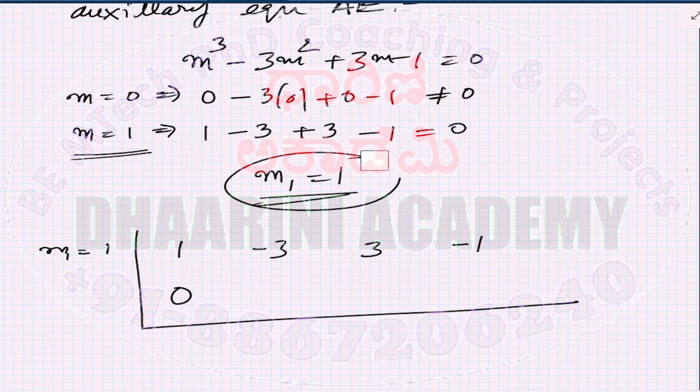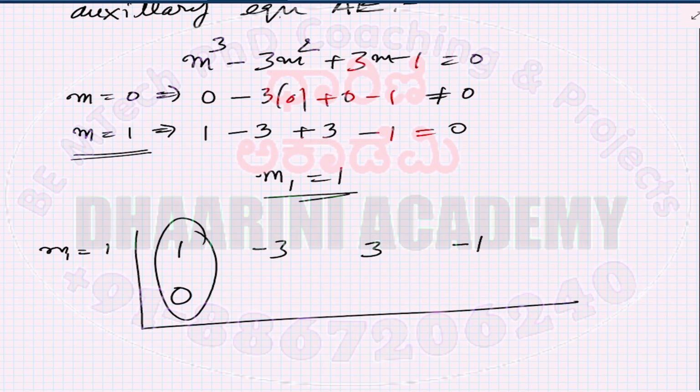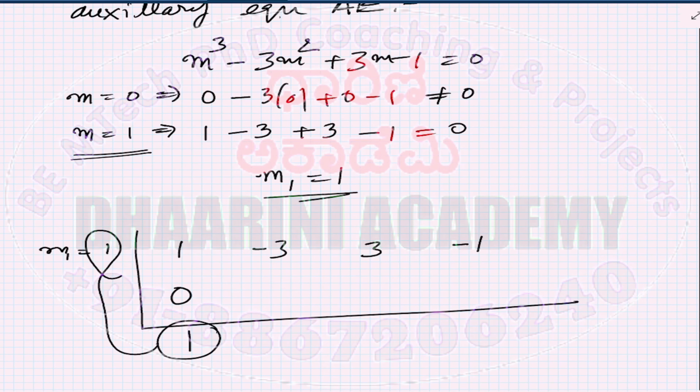This makes our problem easy, we can solve this problem very easily. You will come to know now. What I do, I add column wise. 1 plus 0 is a 1. Then whatever you get here, you multiply this with the root you got. Already you got one root. Multiply that with this number, 1 into 1, and write that answer here.